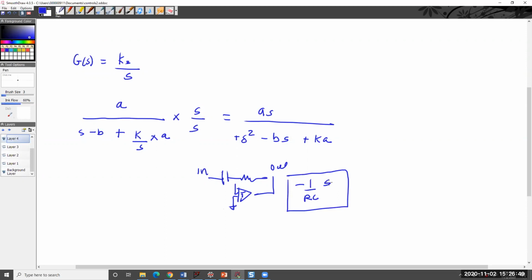So it inverts and we have an s. If I put this in the feedback loop instead of just two resistors, I could get it to work. But this is more complicated than just setting two resistors.